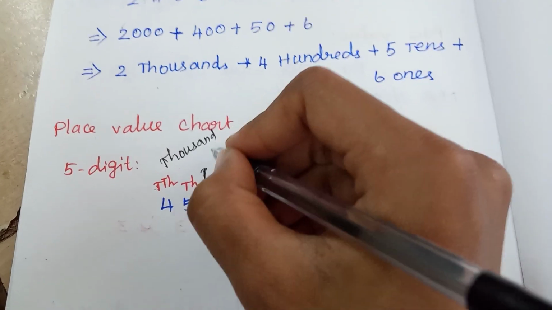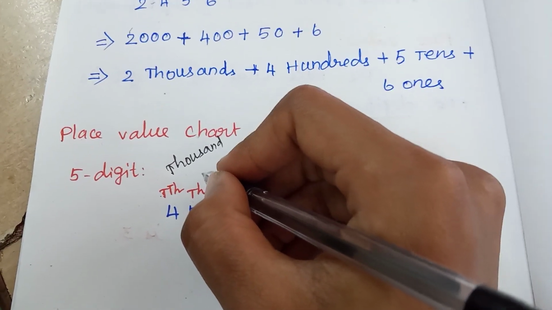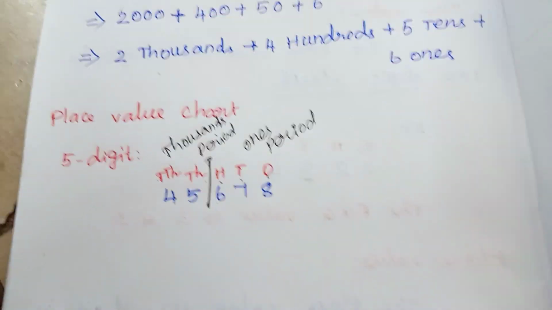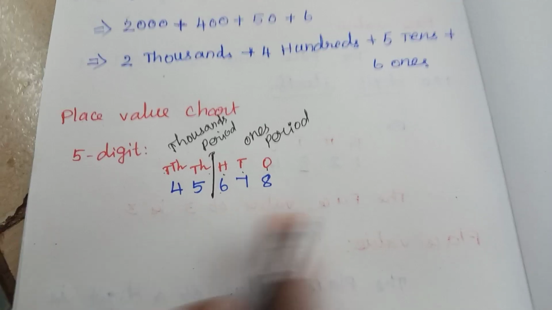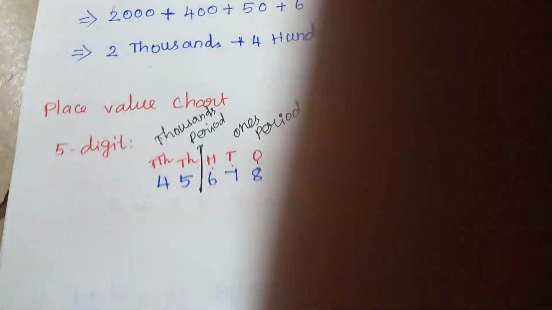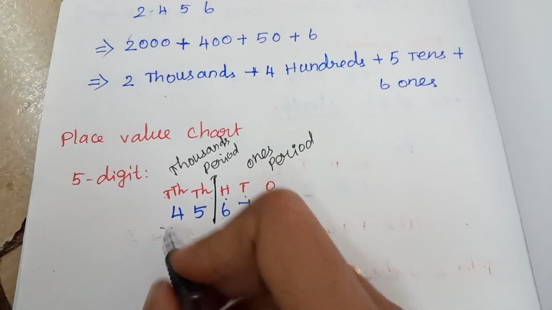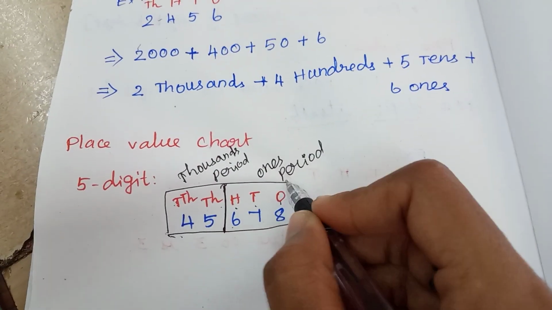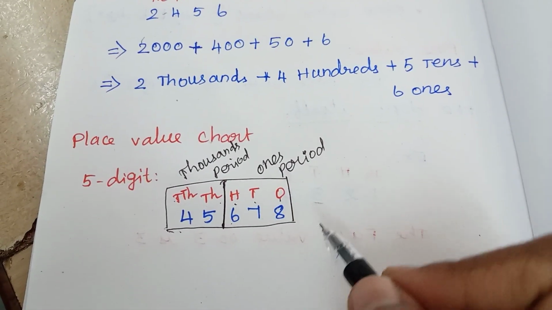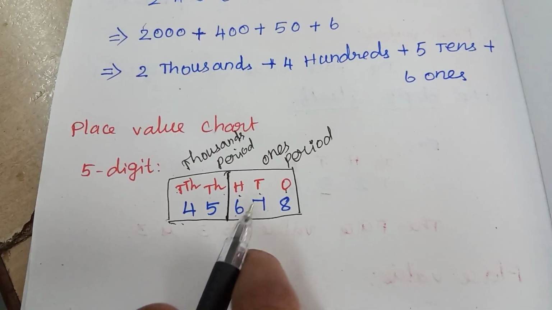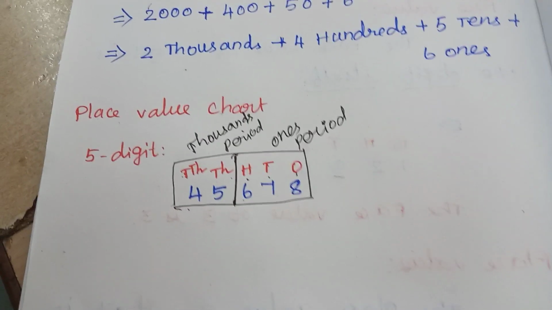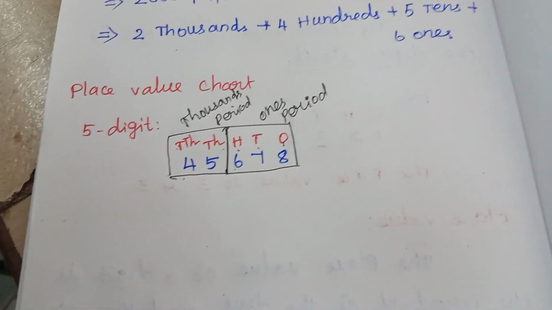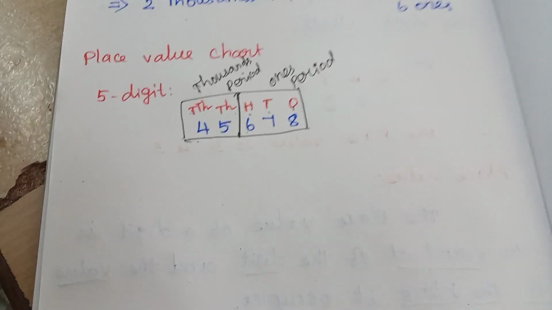Okay, do you have any doubts in these two groups? Okay, so this is the place value chart for the 5-digit number. According to the place value chart only, we have to divide the 5-digit number. Okay, now we see one example.